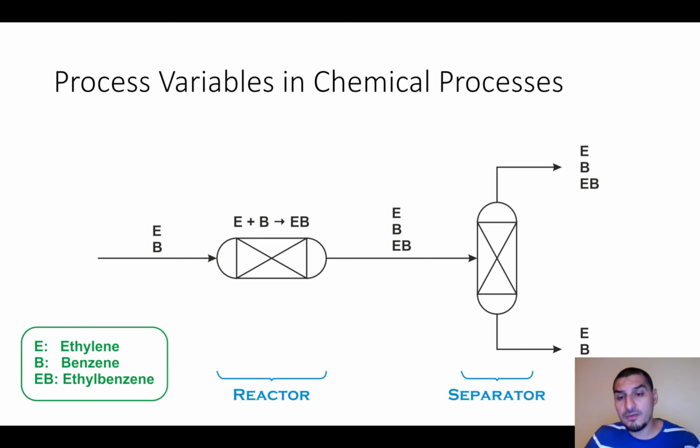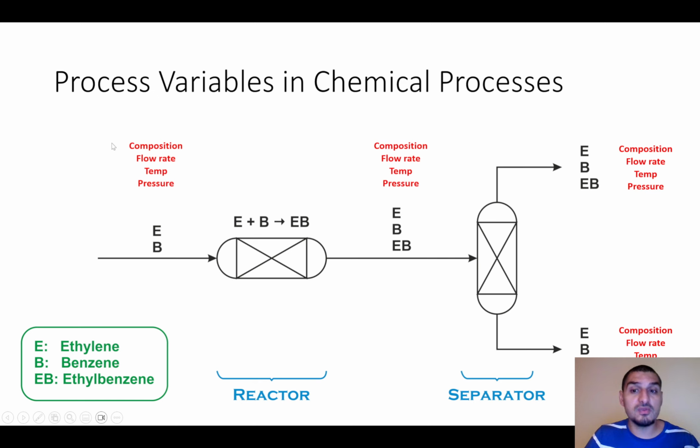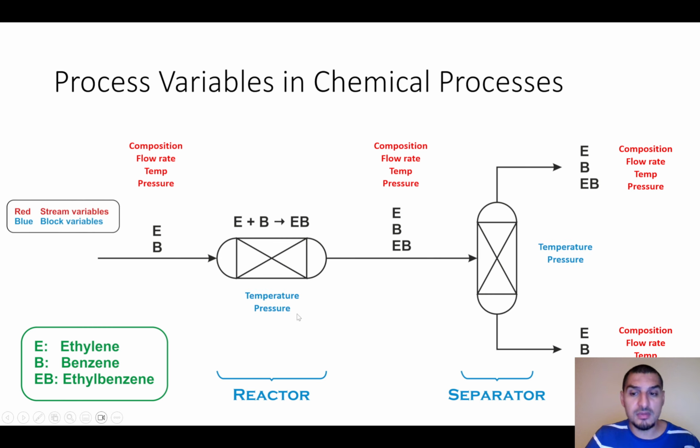So for the process variables, we have variables that are related to streams, like the composition, the flow rate, the temperature and pressure, and there are variables that are related to the blocks, like the temperature and the pressure. This is something that we need to keep in mind, because we will be talking about these a lot in the coming chapter and in the energy balance part as well.